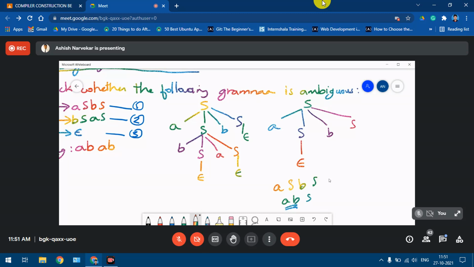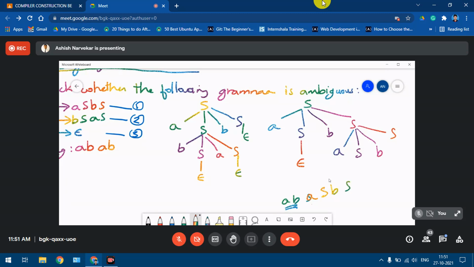So what if I replace this by the first production rule, A S B S. Now if I read all the nodes, what I am getting is ABS, where this S has been replaced by ABASBS.